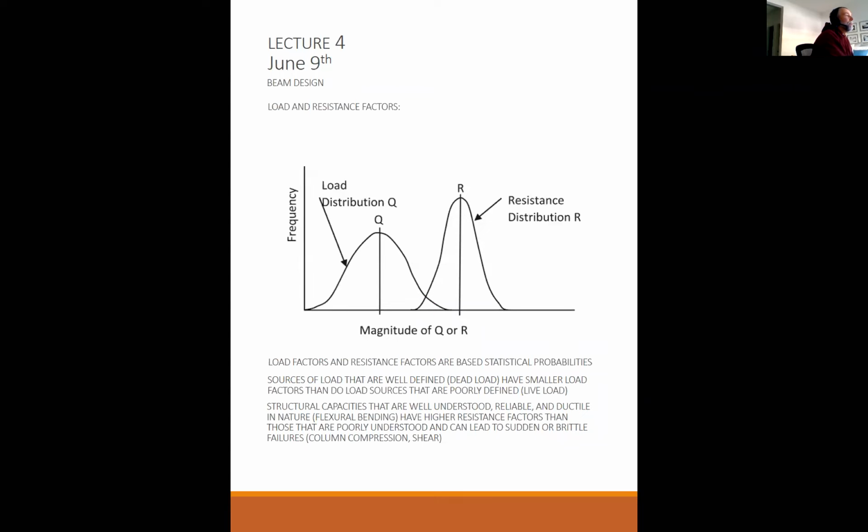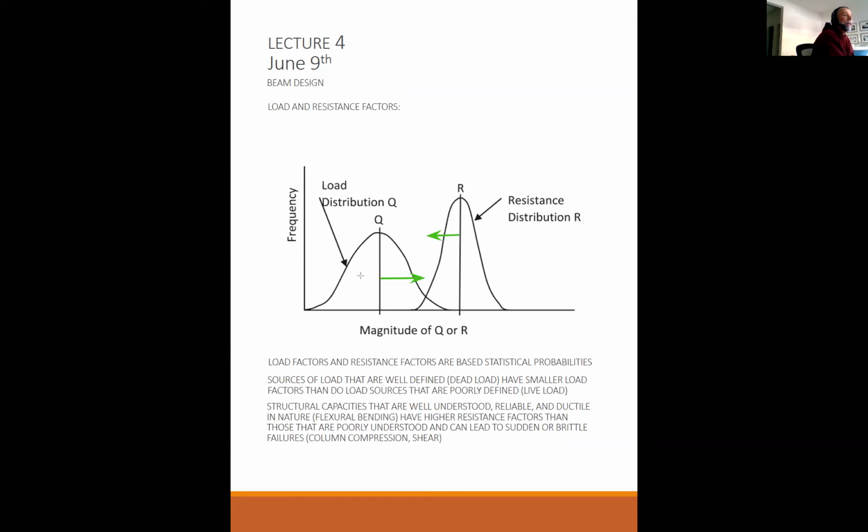So the whole scheme of load and resistance factors is that I take the load that I think I'm going to have and I amplify it by a load factor. I take the nominal capacity that I think I'm going to have and I reduce it by a resistance factor.